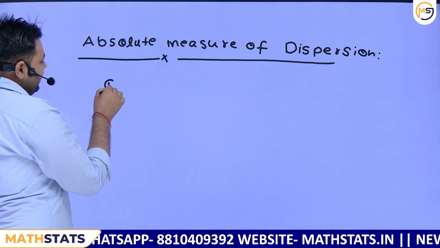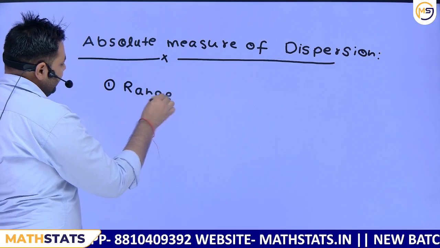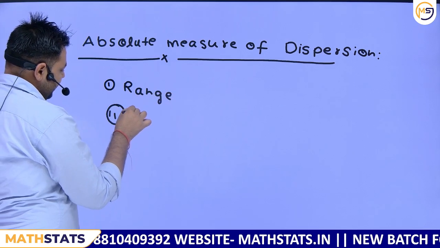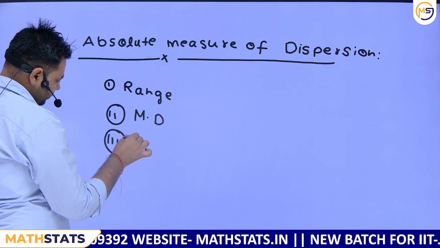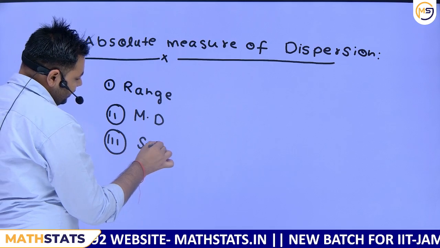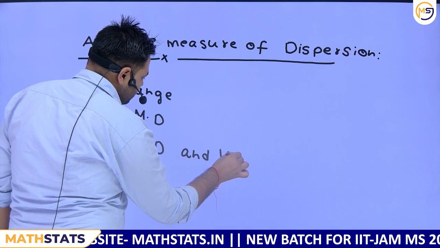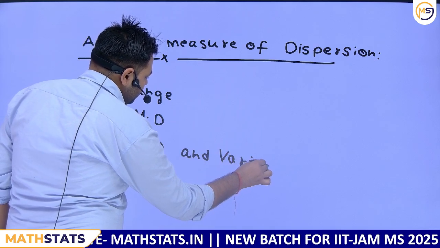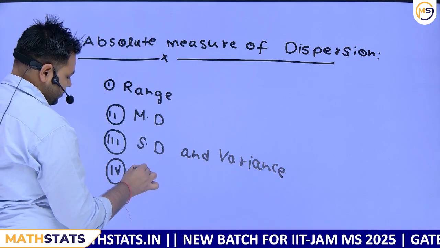The first measure is range, the second measure is MD, mean deviation, third is standard deviation and variance, and fourth is quartile deviation, QD.